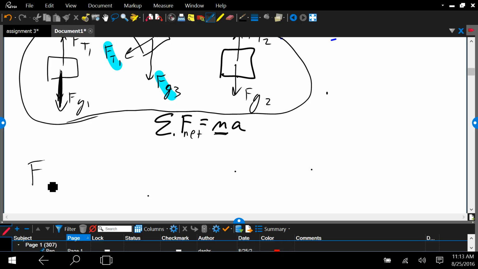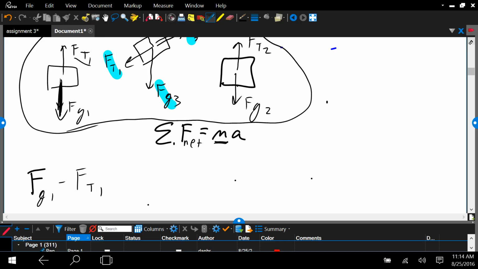So I'm going to put FG of the first block minus force tension 1. That's this term right here, because it's pulling up, so I give it a minus. I give this one a plus again because it's in the direction that the whole thing is accelerating. Then I'm going to look at the block on a hill.